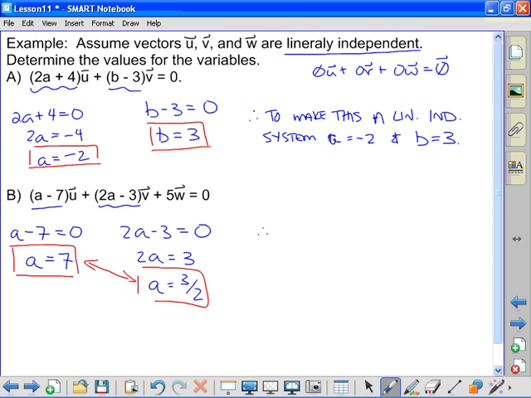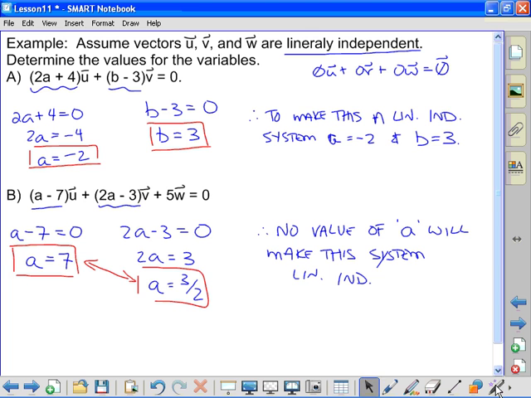So therefore, no value of a will make this system linearly independent.